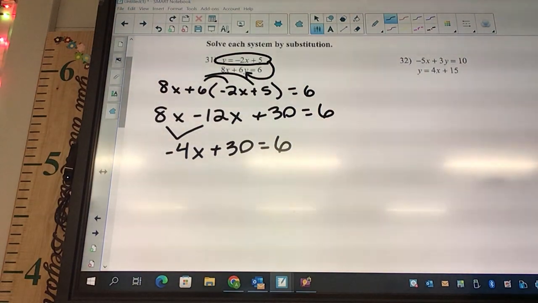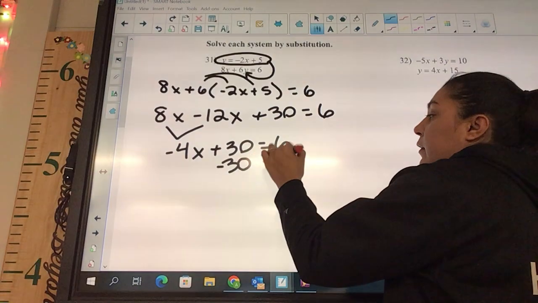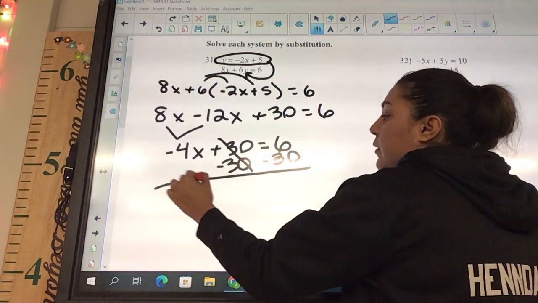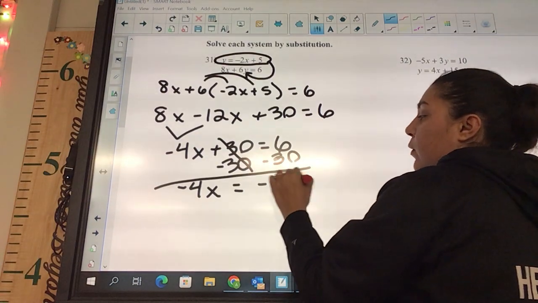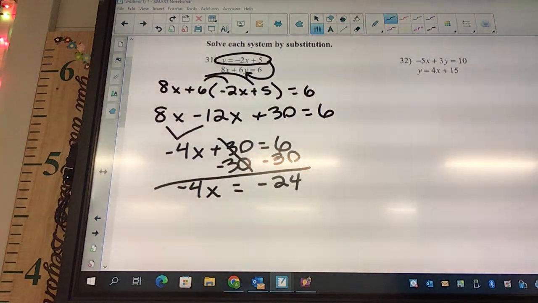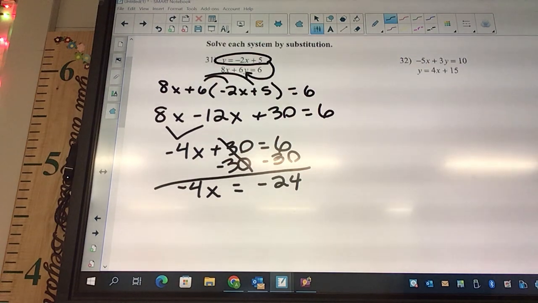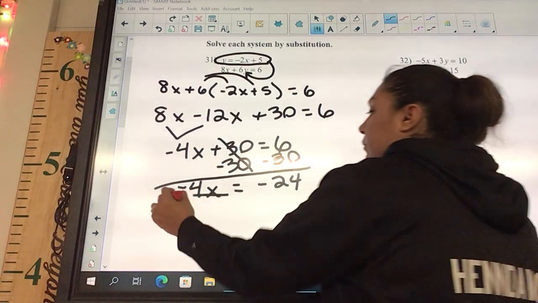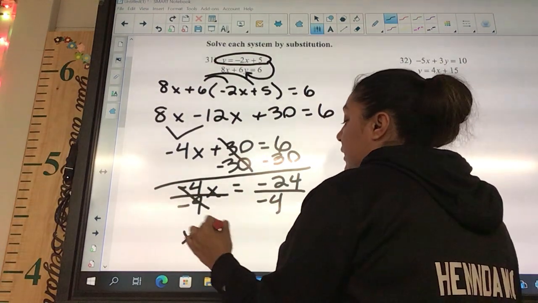Okay, and then what do we need to do? -30. So we get -4x equals -24. And then we're going to divide by -4. So we're going to get x equals 6.